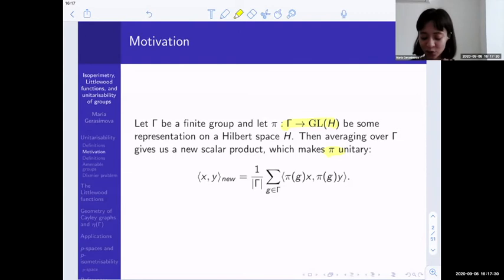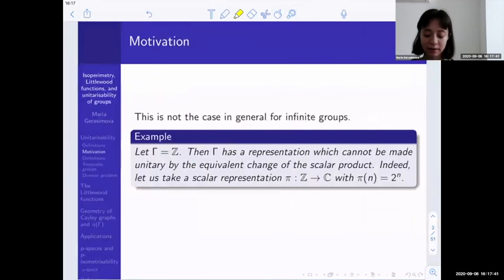This is, in some sense, our motivation. But I should say that when passing from finite groups to infinite groups, this is not always the case. For example, we can consider very nice infinite groups, like Z, and define a representation which it is not possible to conjugate to a unitary one.